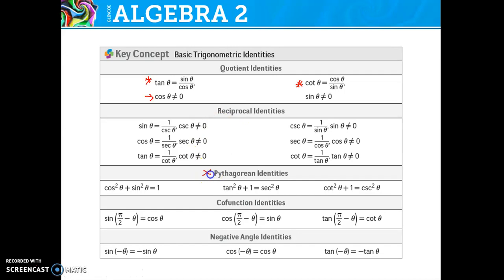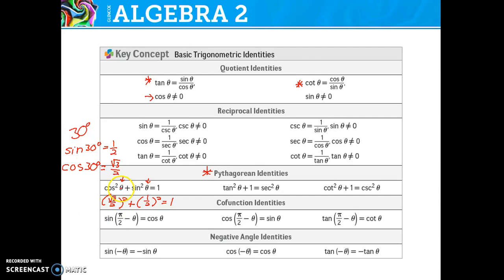The Pythagorean identities are super basic identities that get used all of the time. So the cosine squared of theta plus the sine squared of theta is always going to equal 1. So I'm going to show you a specific example that shows why this is true. If I take 30 degrees as the angle I'm plugging in for theta, the cosine of 30 degrees is the square root of 3 over 2.